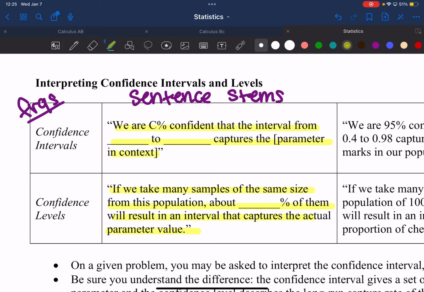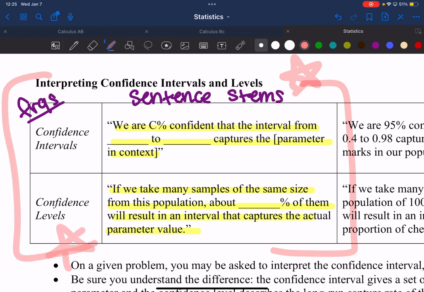So these are the sentence stems, and then the portion to the right of that is an example of how that would look using our simulation data. So I would highlight it, box it, star it, whatever makes it easier for you to come back to your notes later. Be like, come back, see me, remember me.